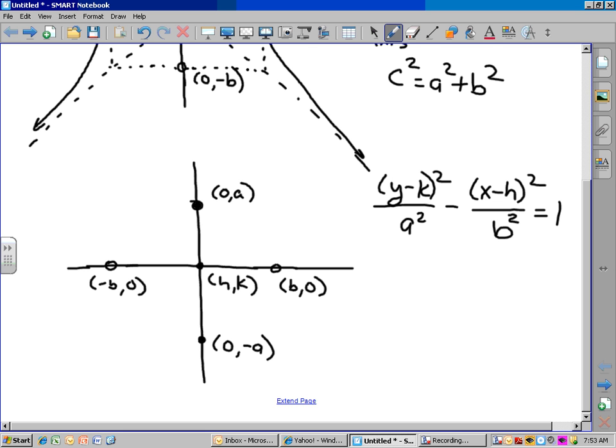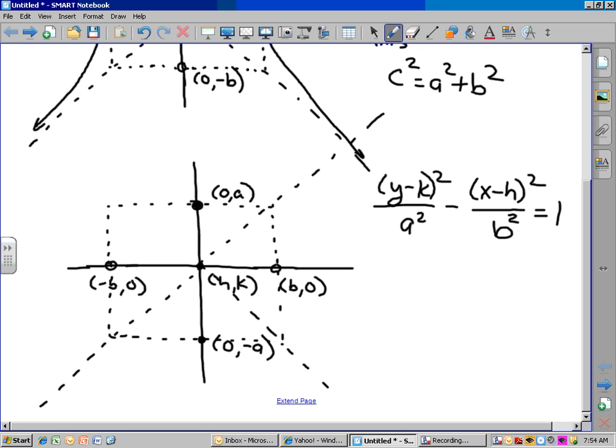Fundamental rectangle, which allows us to draw the asymptotes. And we can draw the actual hyperbola approaching the asymptotes.